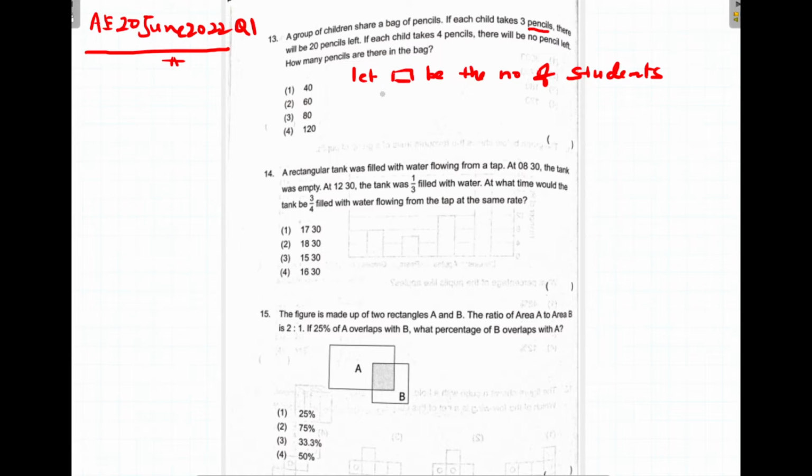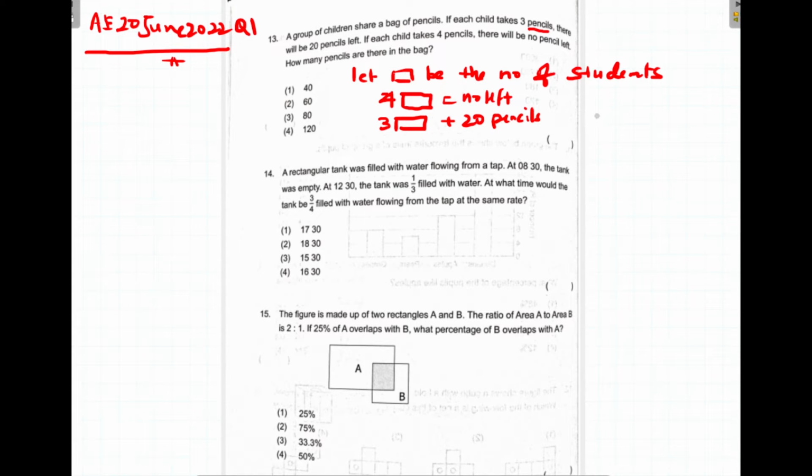So if 4 student, 4 times student, right? Everybody take 4 pencil, I have no extra left. But then if one student take 3 pencil, I will have 20 pencil left. So plus 20 pencil.